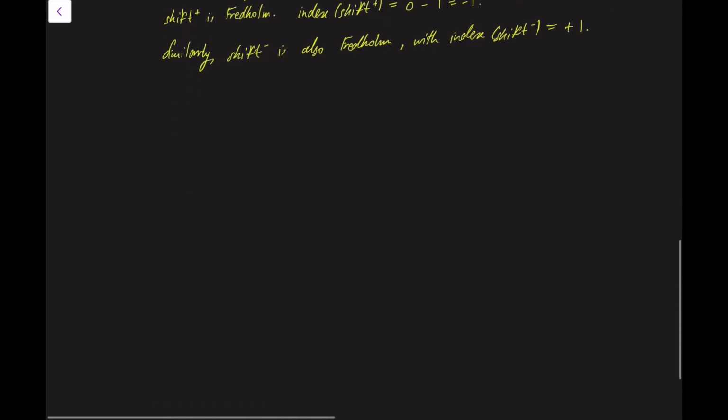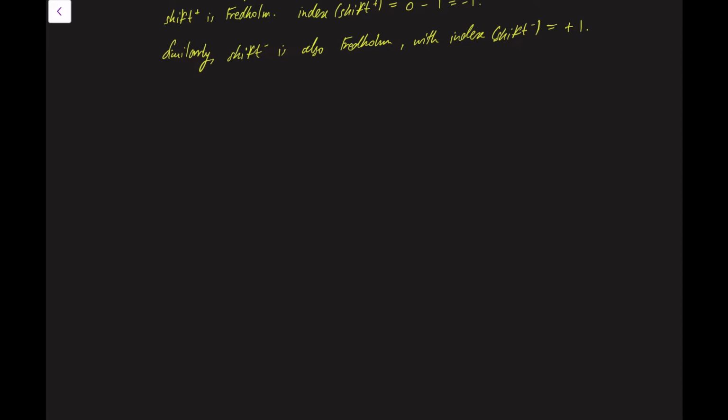Cool. So now that we have defined what a Fredholm operator is, what the index is, and have seen an example, we could ask what are some of the algebraic properties of this index? So what's the index of an operator if it's acting on finite dimensional vector spaces?